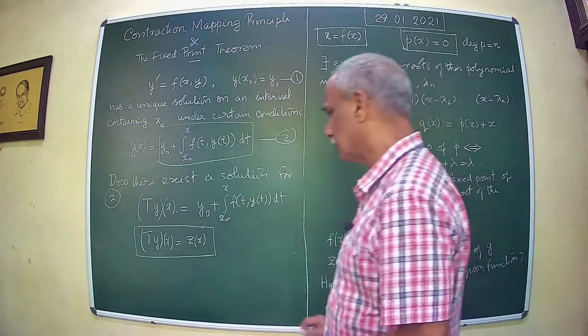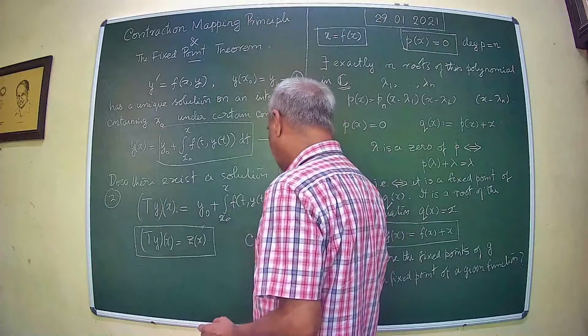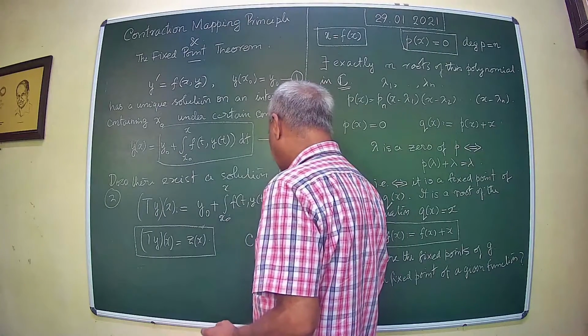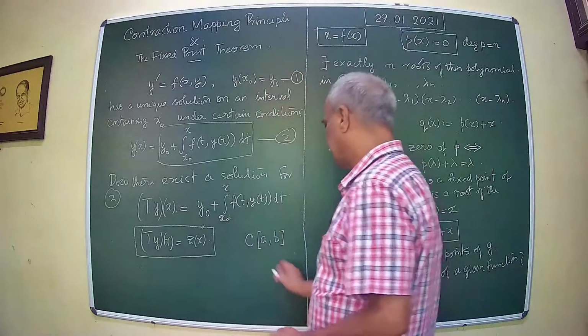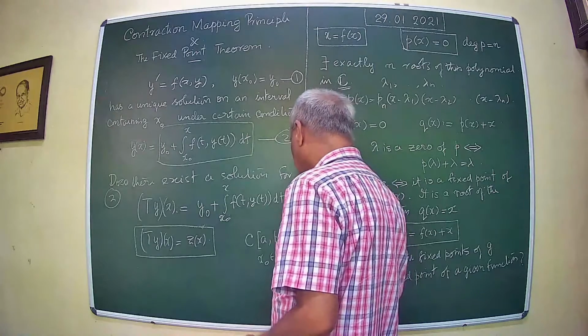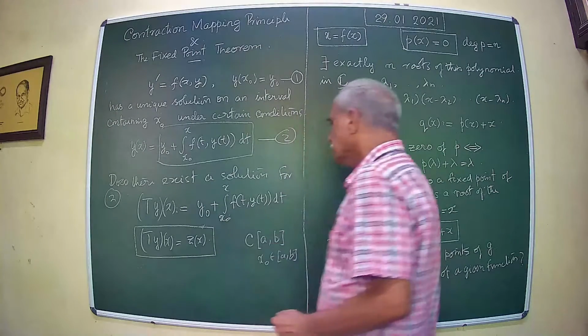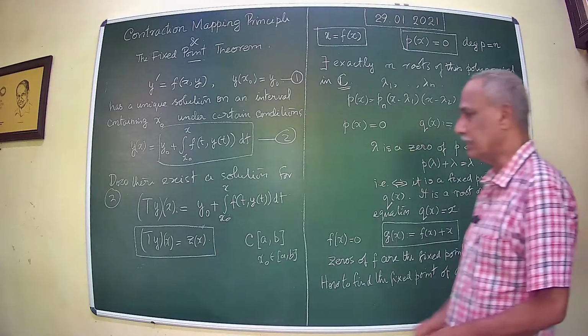Therefore, T acts on functions on some interval [a, b], C[a, b], with x naught belonging to [a, b].